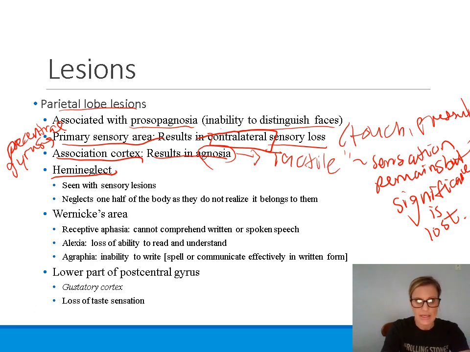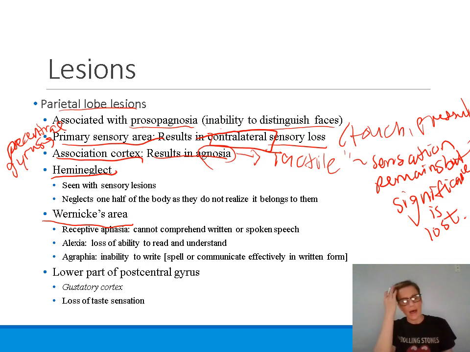Lesions in Wernicke's area, which remember is an association area or an integrative area for multiple other areas. Wernicke's area lesions can result in receptive aphasia. Receptive aphasia is when you can't comprehend written or spoken speech, but you can speak.